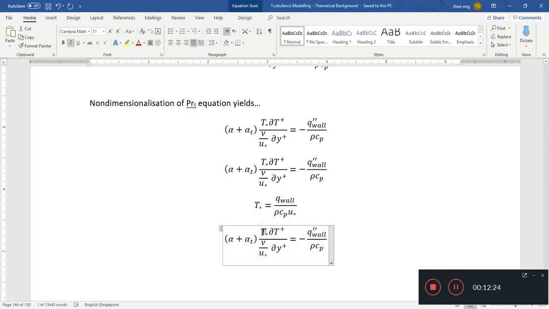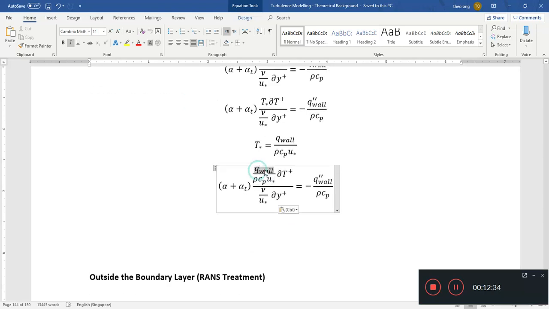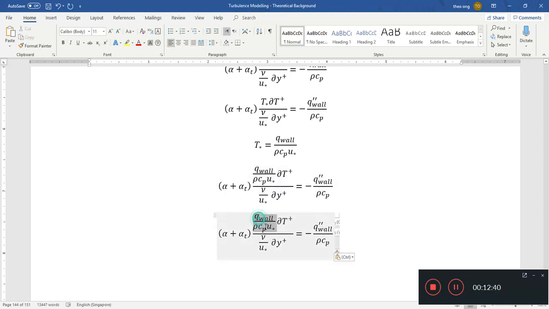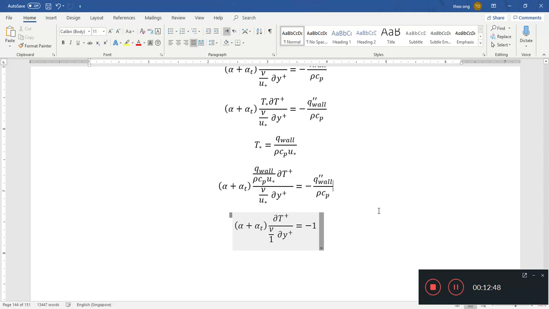Now we notice some things actually cancel out pretty nicely. So this Q wall and rho Cp cancel out. This u star and u star cancel out. So that's very nice for us. So this cancels out with this. Nu over 1, and then I'll have minus 1 here. Very simple.